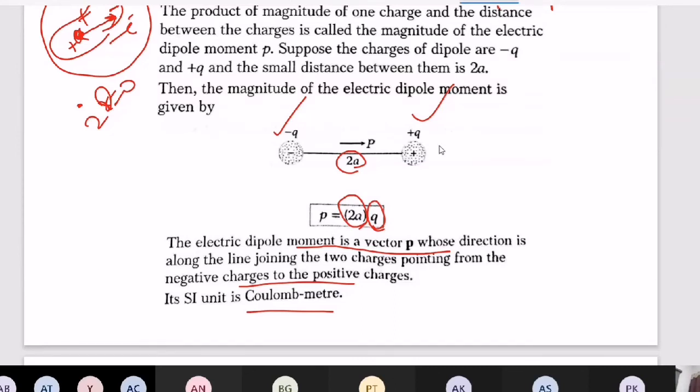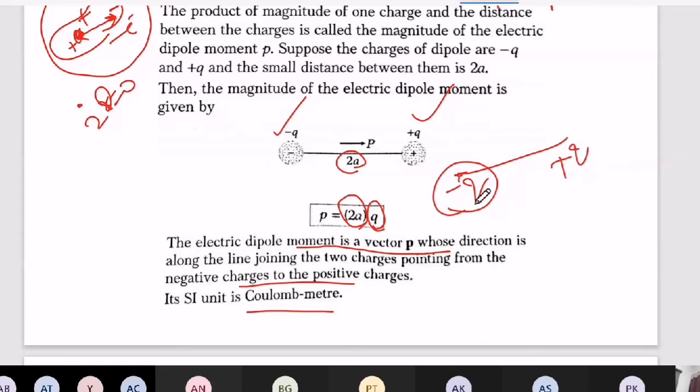There are two point charges. Already we studied what is the field due to a point charge. Now two point charges are there. At any point there is one field due to the plus charge and one field due to the negative charge. Then what is the resultant field? Vector sum. That we will find in the coming class. The concept of dipole is introduced from the concept of the atom.